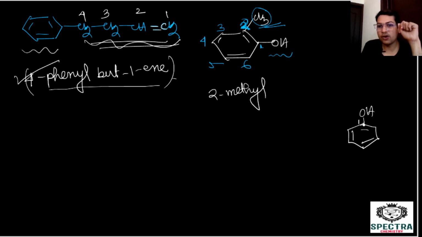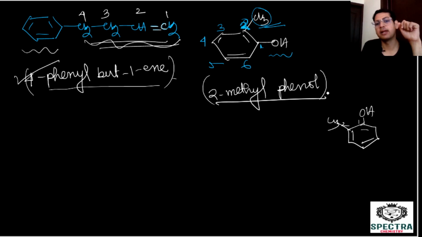So on phenol, at 2 position you are having the methyl group. So 2-methylphenol will be your naming. It's so easy. This is already discussed in detail.